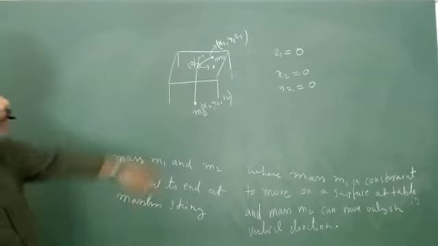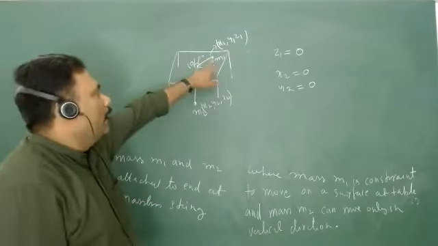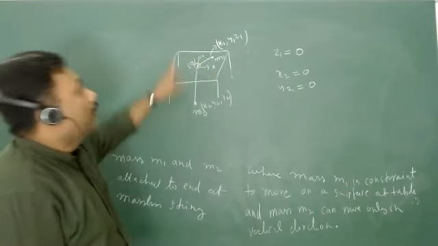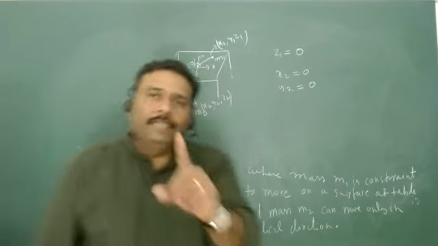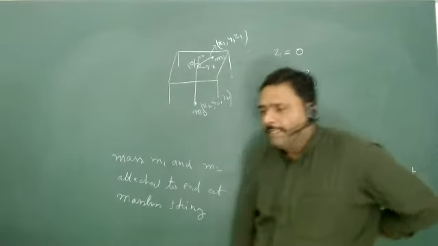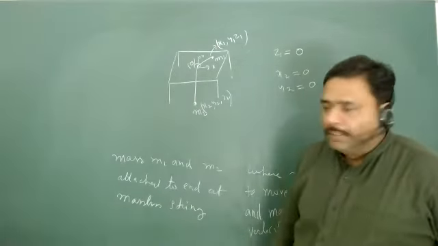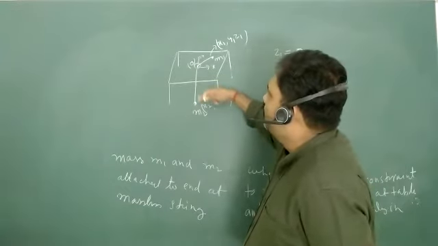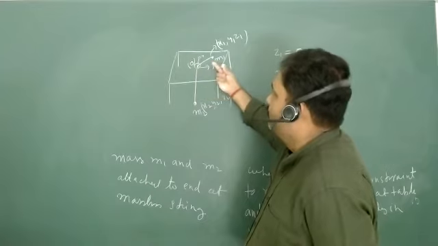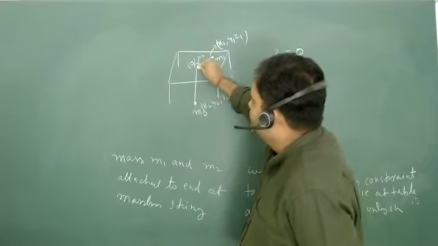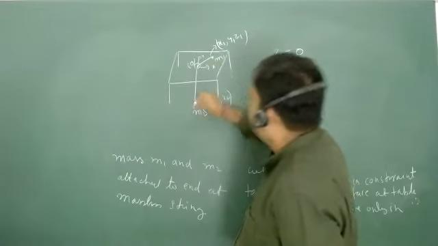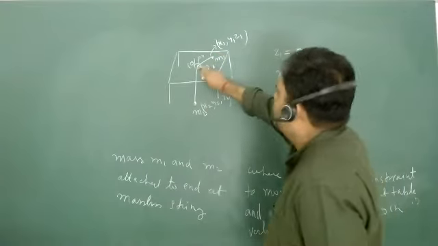Why? Because the motion of M1 and the motion of M2 is not independent. They are dependent. And why are they dependent? Because the length of this string is always fixed. So what will be the length? Obviously this length plus this length, isn't it? First, let's go for this length.